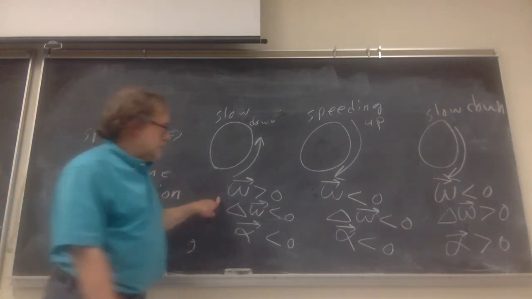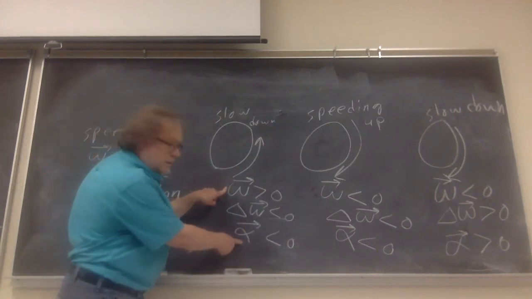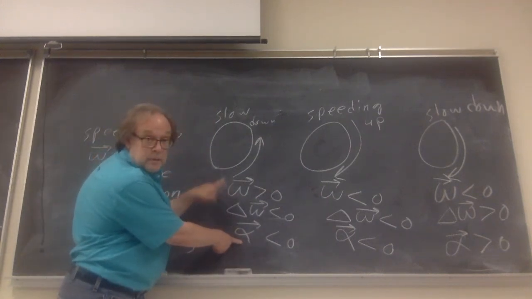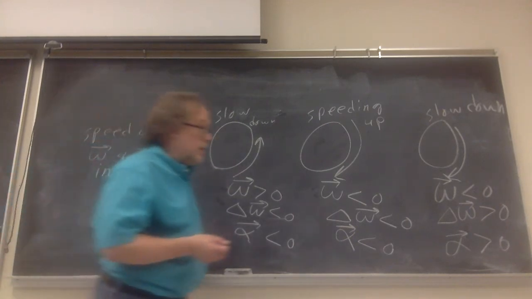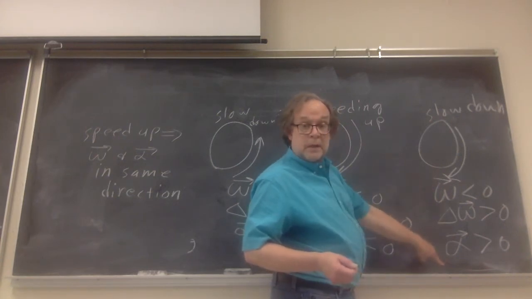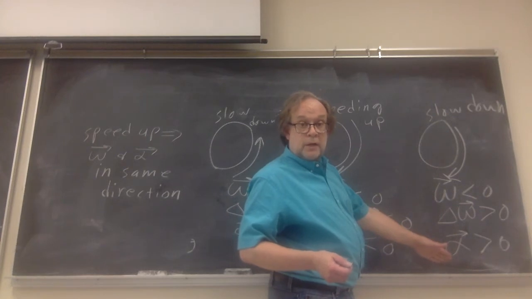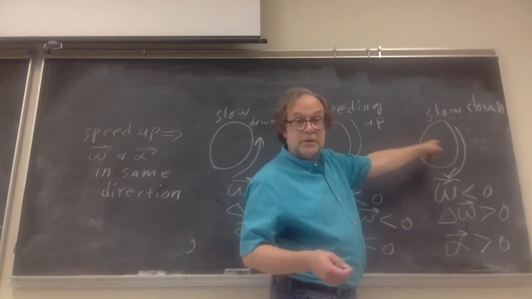And then look at these two cases now. Here, positive velocity, negative acceleration. Velocity and acceleration point in opposite directions and the thing is slowing down. And here, negative velocity and positive acceleration. Again, velocity and acceleration point in opposite directions and the thing is slowing down.